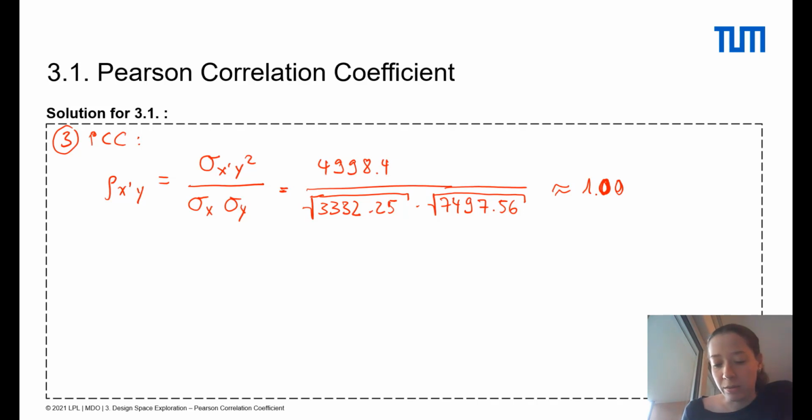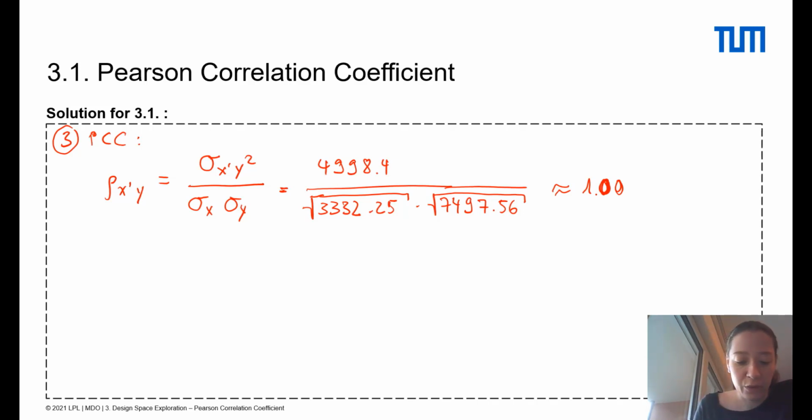I wrote an approximately here because it's not exactly 1, although looking at significant figures, the samples were only given with 1 digit after the comma, and also we did some rounding while computing variances and covariance, so you could also write an equal here and that would be fine.